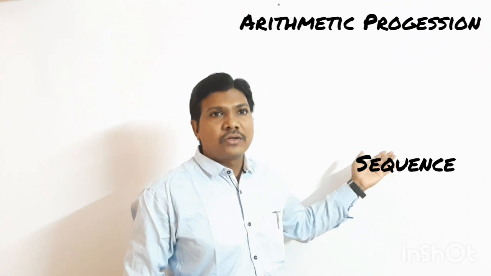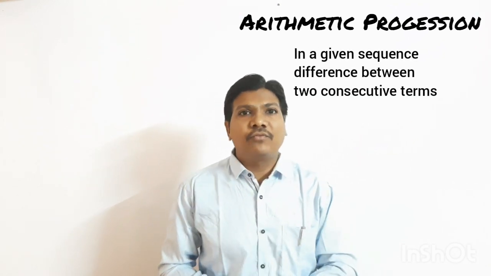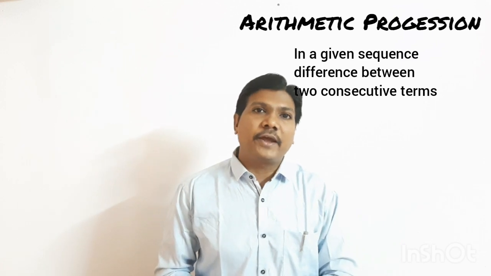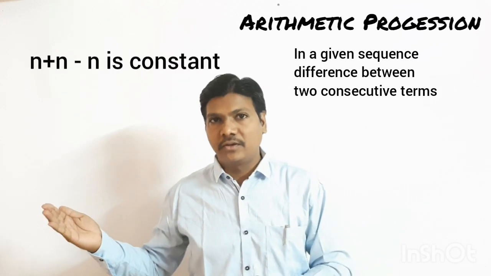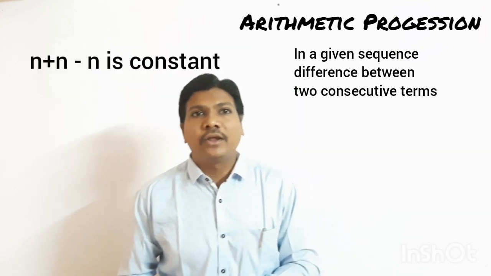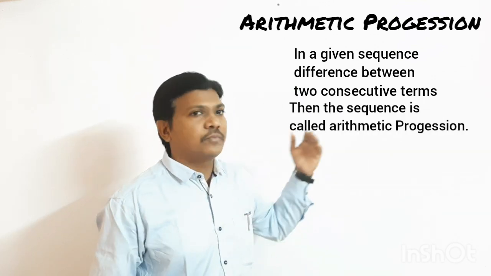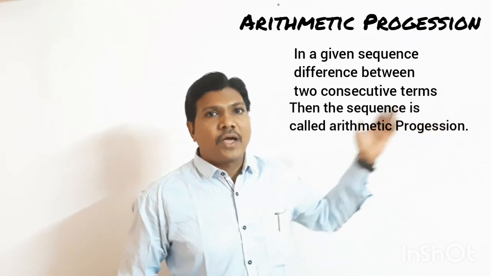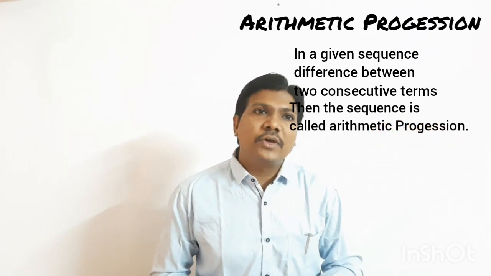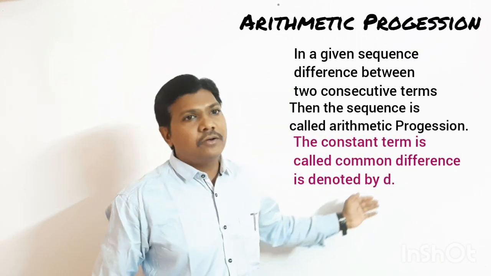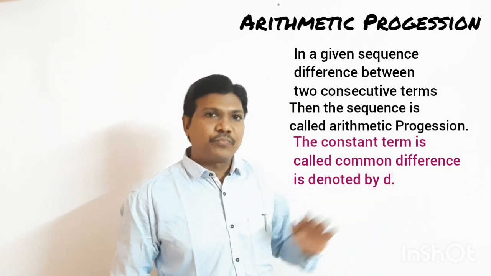In a given sequence, if the difference between two consecutive terms, that is t n plus 1 minus t n, is constant, then the sequence is called an arithmetic progression, in short AP. The constant is called the common difference and is denoted by d.